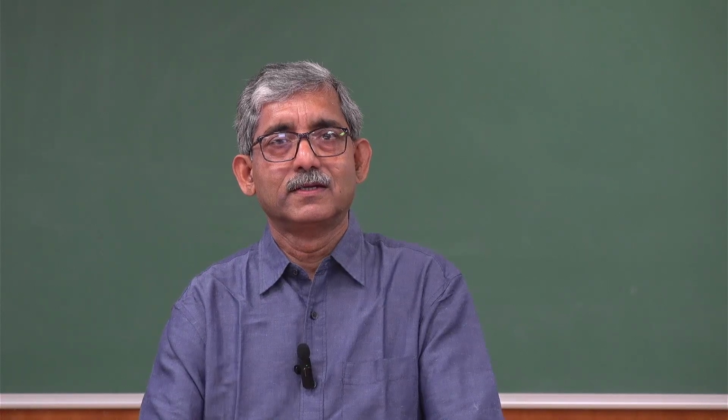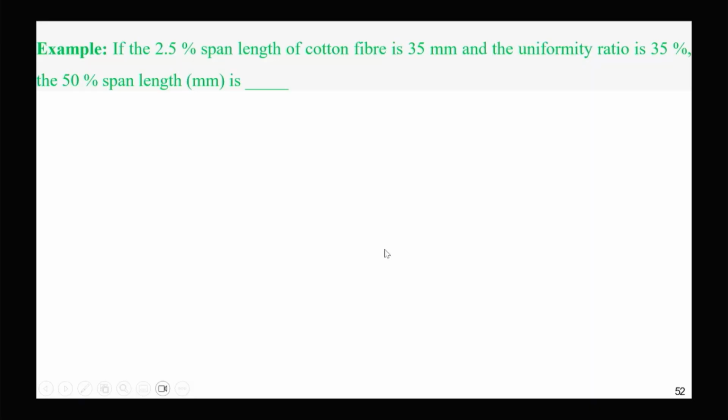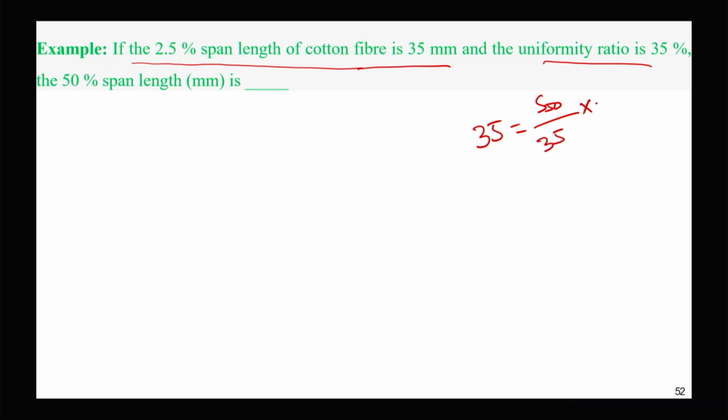Next is the same problem. If the 2.5% span length is given and the uniformity ratio is given, so 35% uniformity ratio, that is 50% span length by 2.5% span length, times 100.